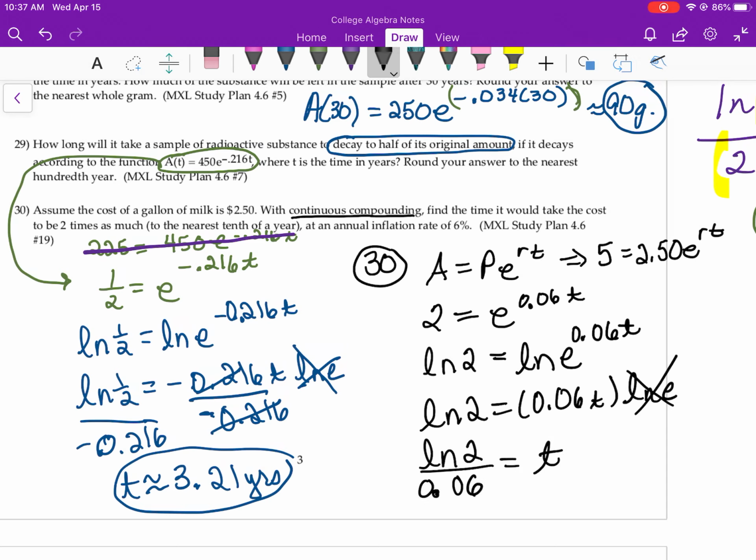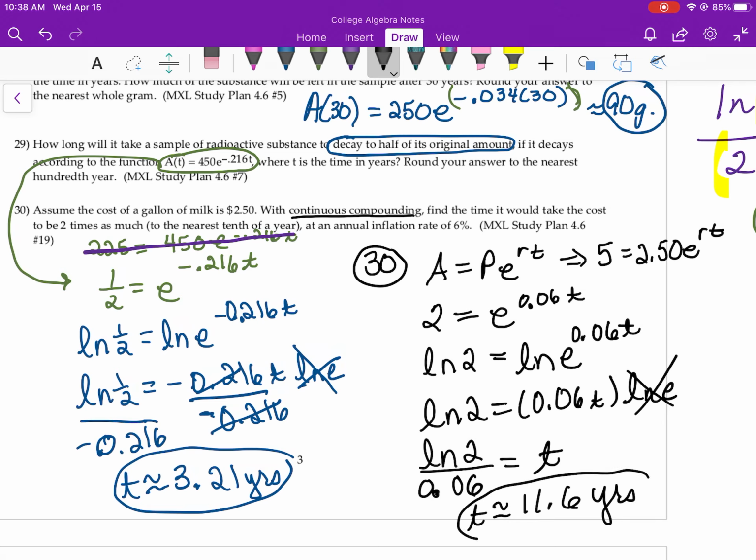Straight into my calculator. And that's roughly 11.6 years. So this one says to the nearest tenth of a year.